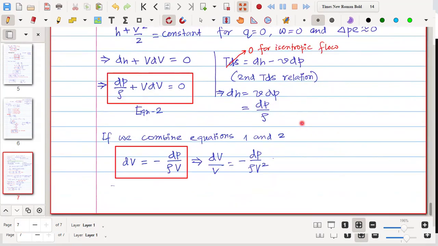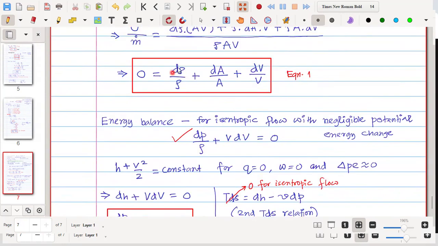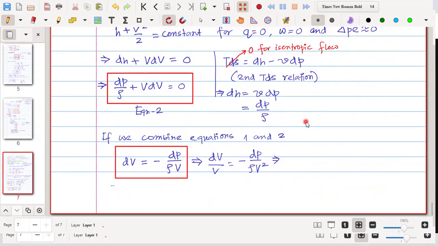So therefore, it implies that d rho by rho plus dA by A minus dP by rho V square is equal to 0.